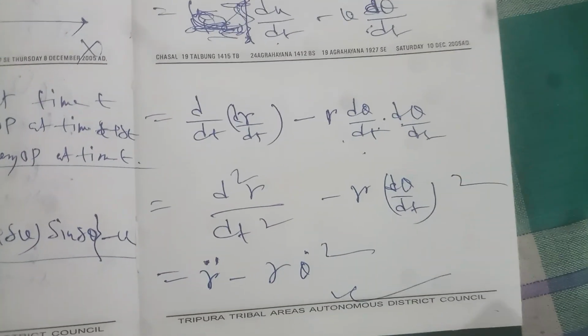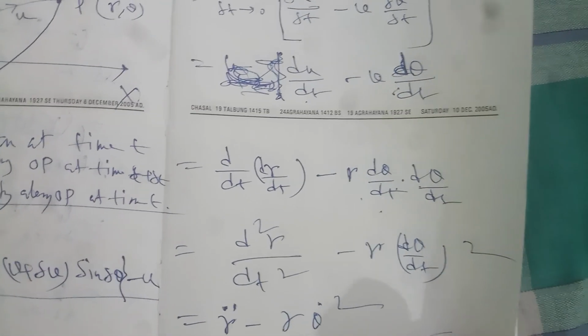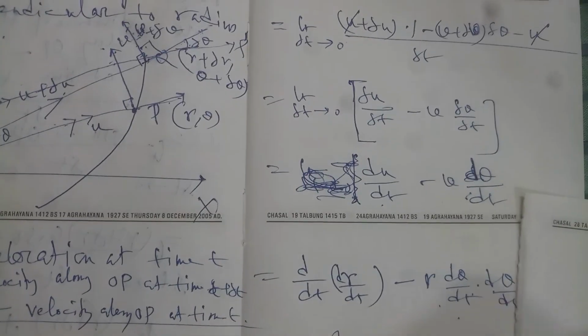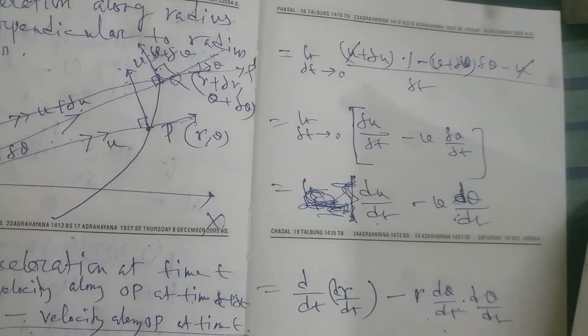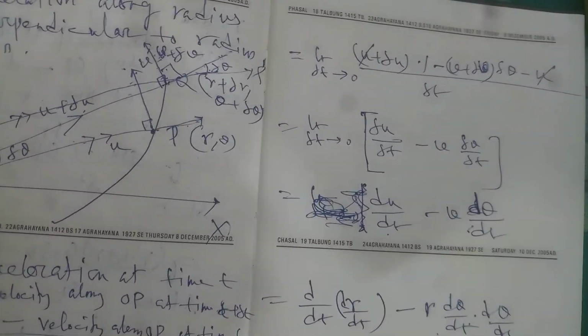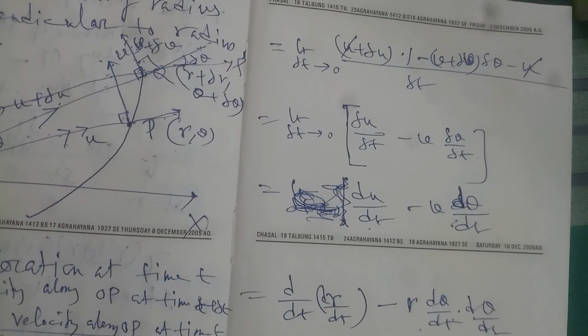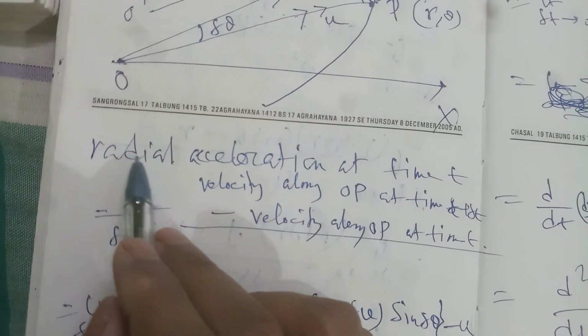Now you have to calculate the cross radial acceleration. Now move on to the next part: acceleration along the perpendicular to OP at time t. I have written radial acceleration at time t.